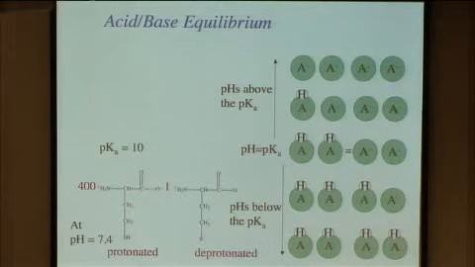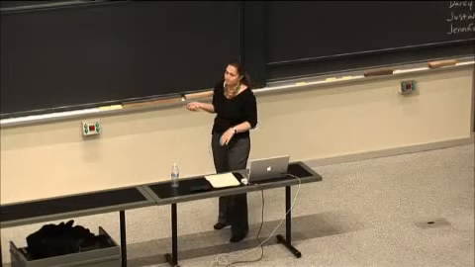And in the particular example I gave, we have a pKa of 10. So at 7.4, we're at a pH that is below the pKa, and so there would be more protonated. If you do the math, it's 400 to 1. But even if you aren't doing any math, you should think about the fact that you would have more of the protonated form than the deprotonated form.